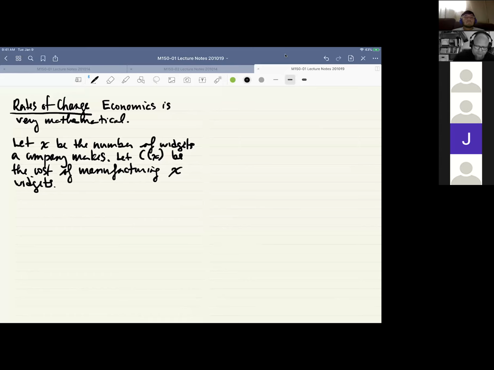Okay. So now a manufacturer might want to ask, how should we decide how many widgets to make? If we're making like 100, how do we decide if we should make more or less? What makes sense from a business perspective? So what economists do is they look at what's called the marginal cost.